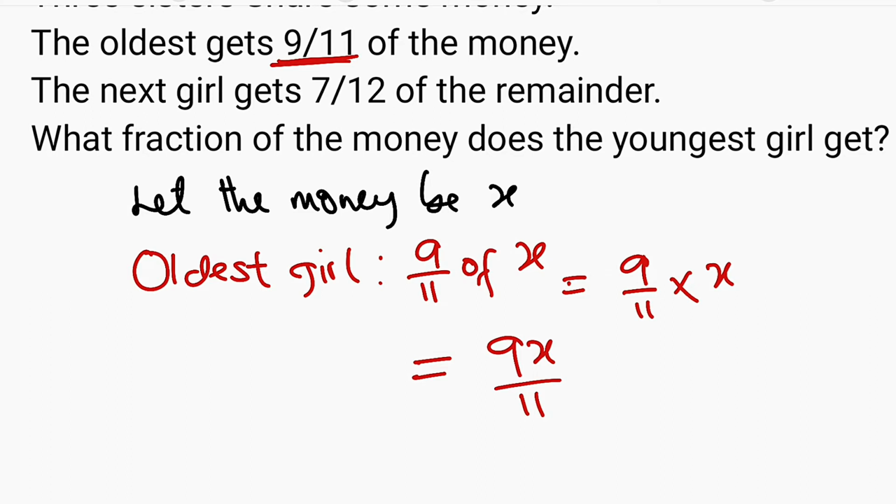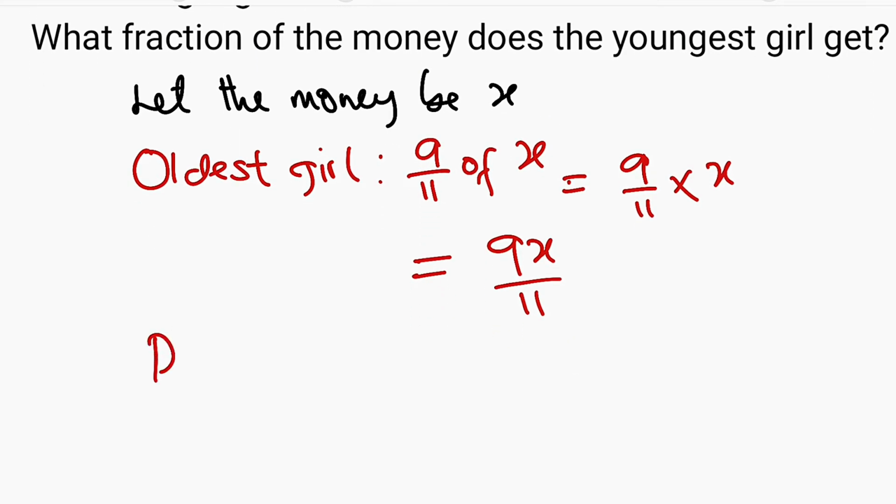Before finding the share of the second girl, let us find out the remainder. If she has taken this out of this, therefore we have to subtract 9X/11 from the total amount, which is X. So the remainder will be X minus 9X/11.